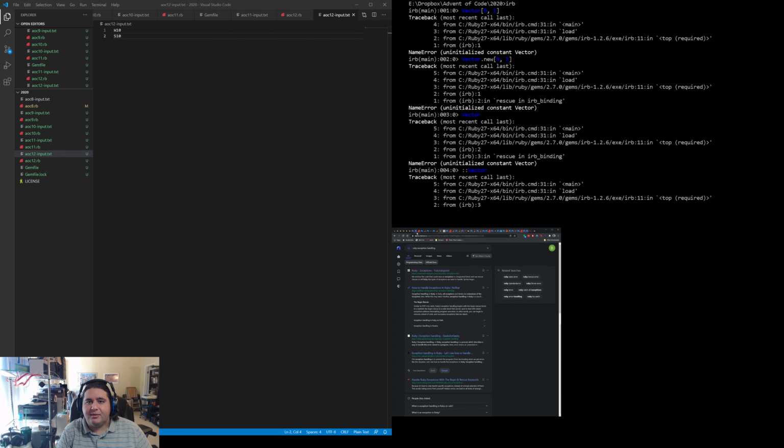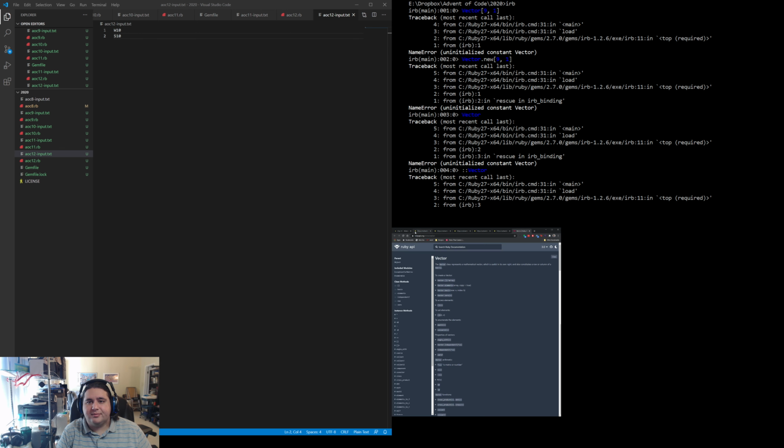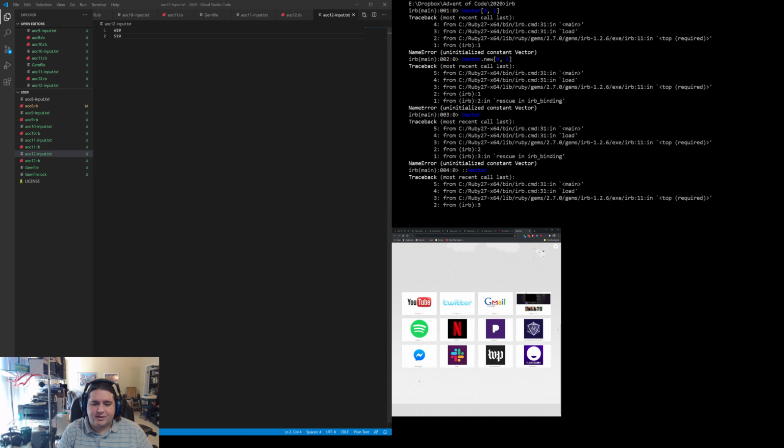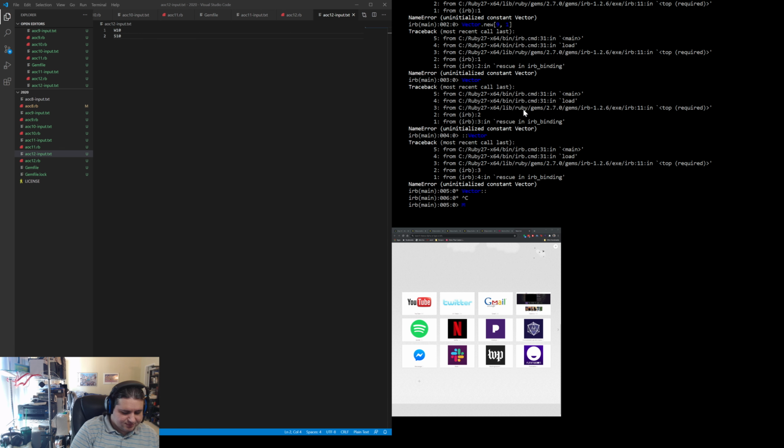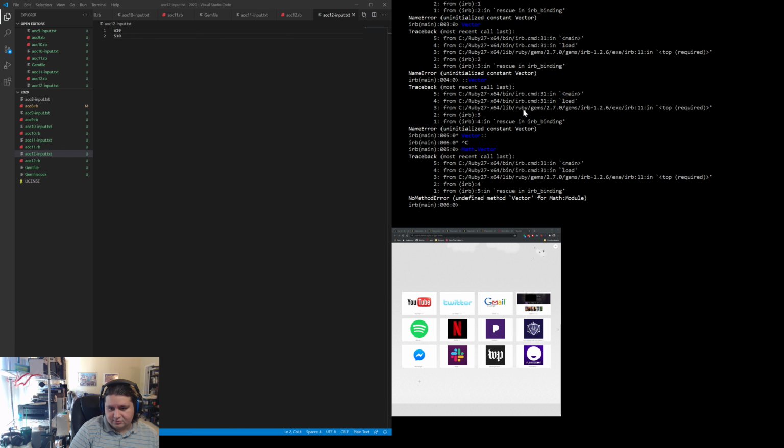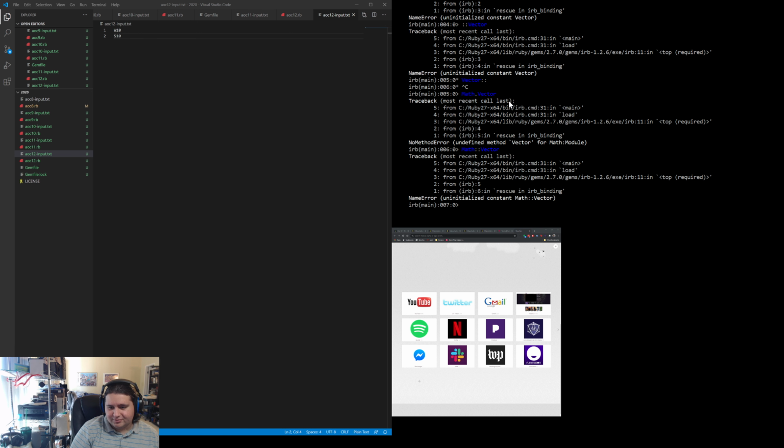It's getting to annoy me a little bit. Alright. Is it Math.vector and just no one tells you? Math colon vector maybe? This is just frustrating. Uninitialized constant Vector. Well, at least that's the world we're in.